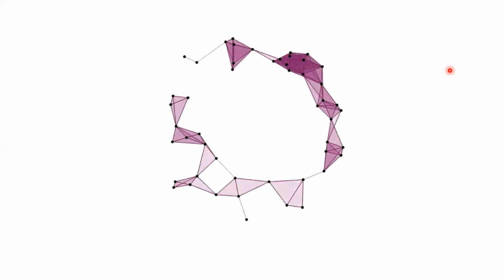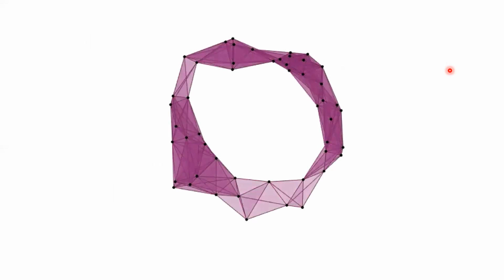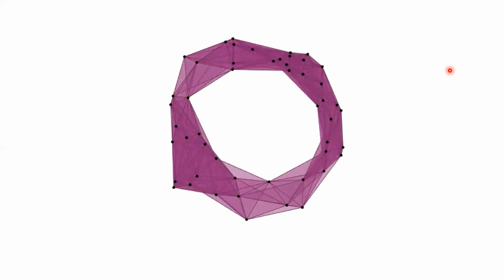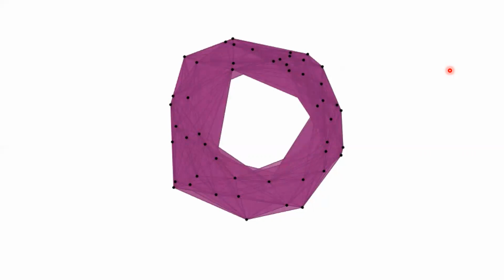So the picture that we've developed thus far is that we may start with a data set, but it is then possible to build simplicial complexes that approximate different topologies at different resolutions. So for example, here we're building many simplicial complexes, and what we're doing is we're changing the scale at which we join points with edges, fill in triangles and tetrahedra. At the beginning, all the points are disconnected.